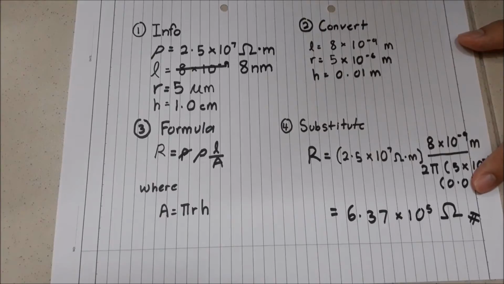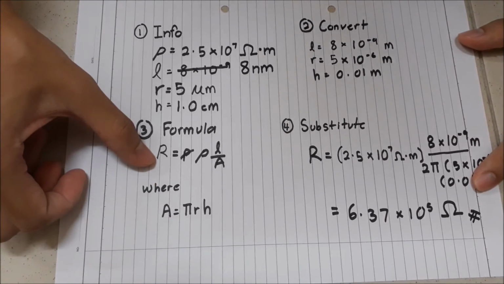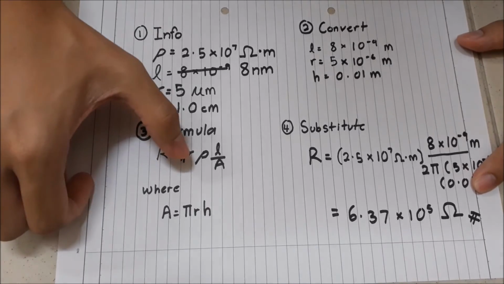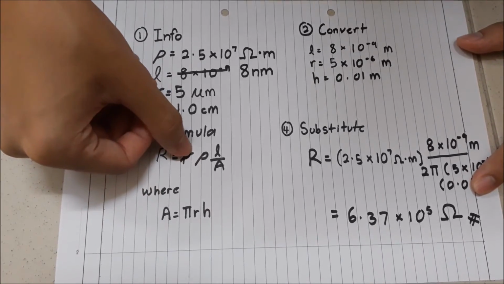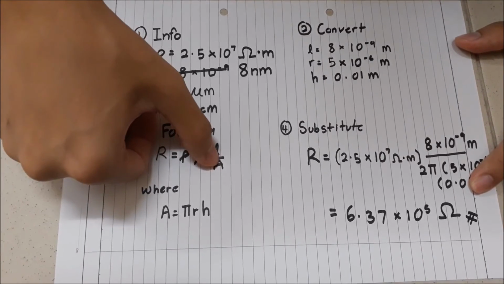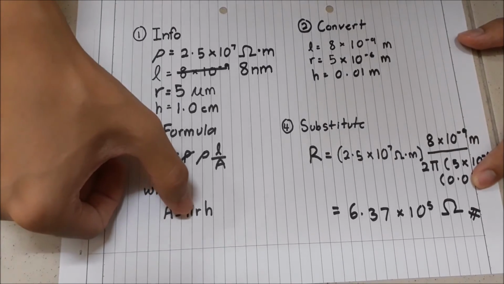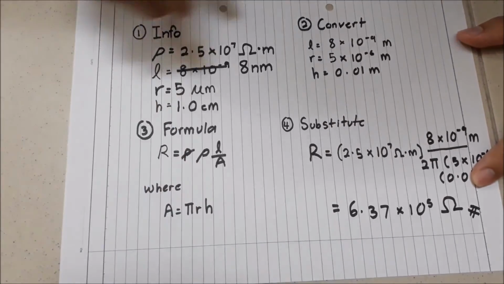And the formula that we have come up with is resistance equals resistivity times length over area. And in this case, the area of the cylinder is 2 pi r h.